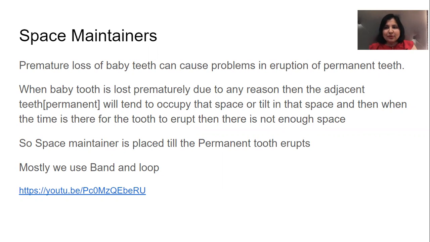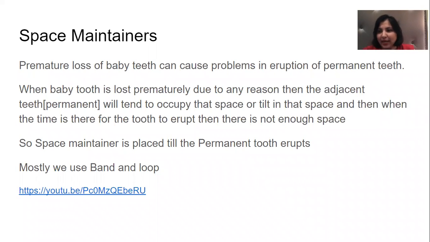So in a few cases, when a patient comes, we always try to save their baby teeth. When we cannot save them, then in that case, we have to predict when the permanent tooth is going to come.